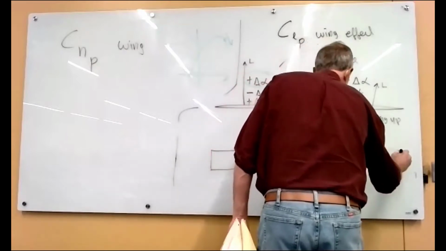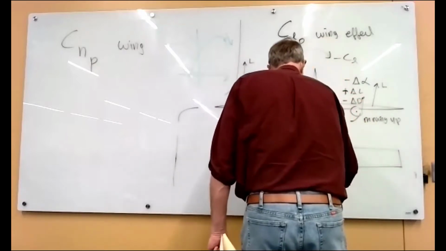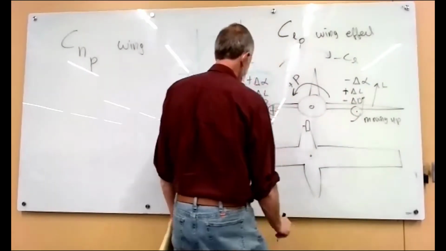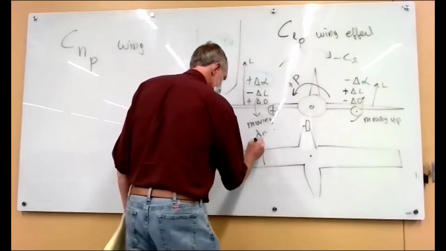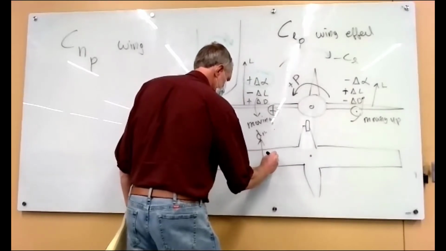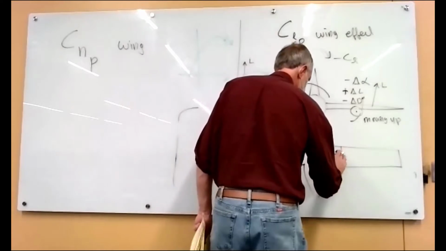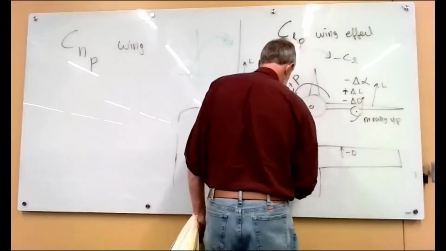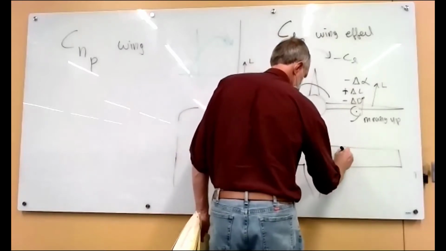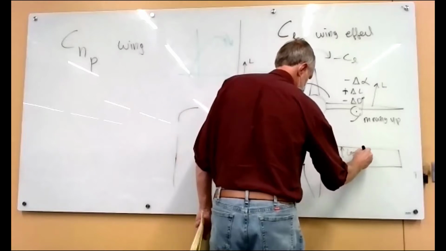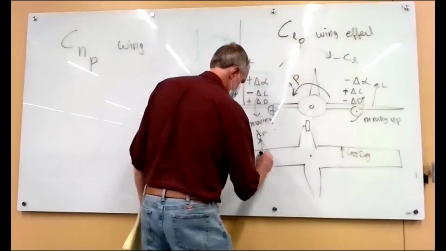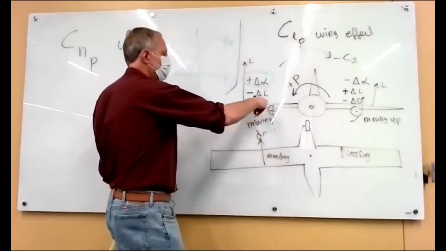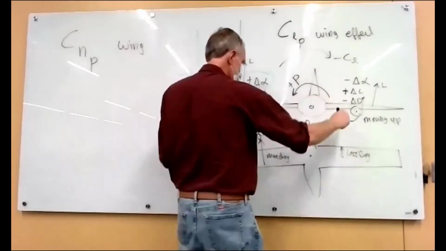I made these wings really long and thin, didn't I? So we have more drag on this wing and less drag on this wing. Less drag, more drag, right? Because we said there's a positive delta drag and a negative delta drag.